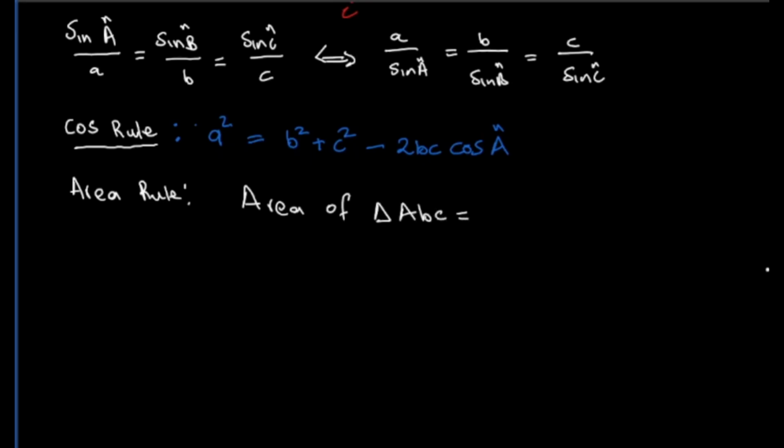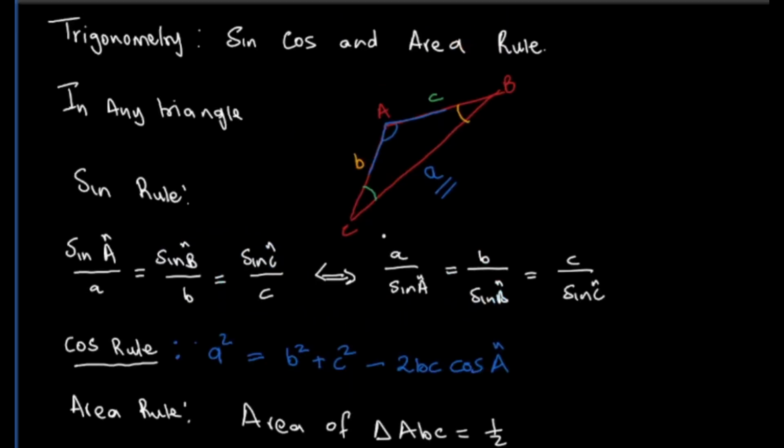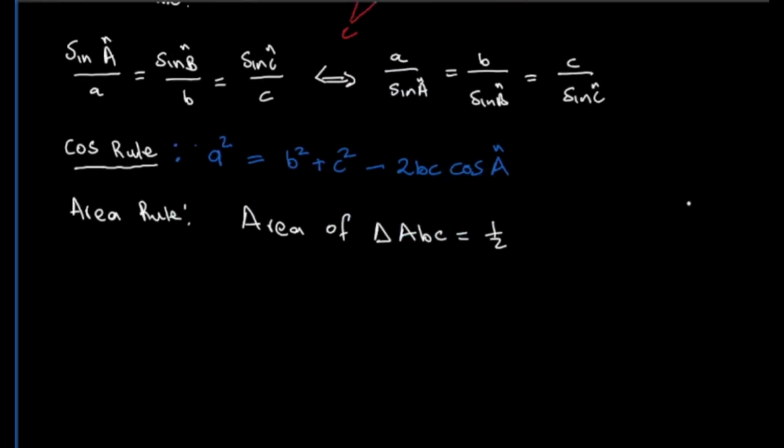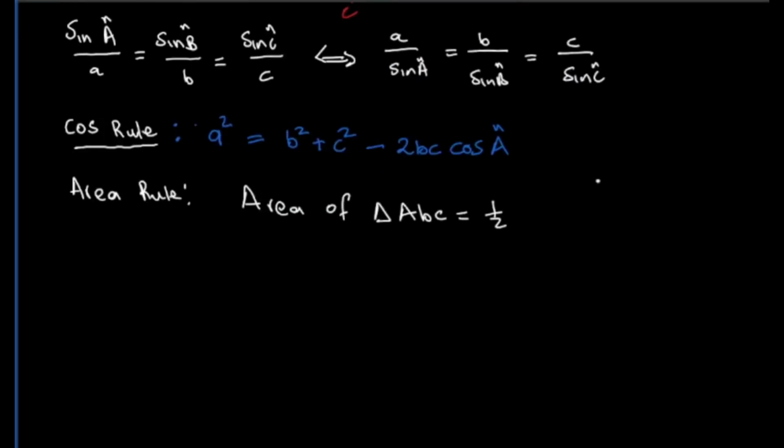The area of triangle ABC will be half of those two sides. Remember, it depends on what you are given. You need to have two sides and an included angle. So remember, we said we have b and c. Let's say I use a and b.